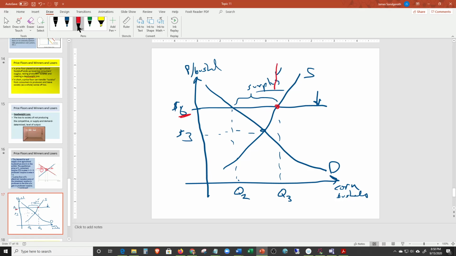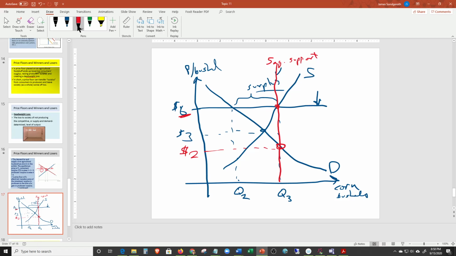So, like the monopolist, the ag support supply curve basically became like this, and it intersected the demand curve here, and the price, let's say, of agricultural products went down to $2.